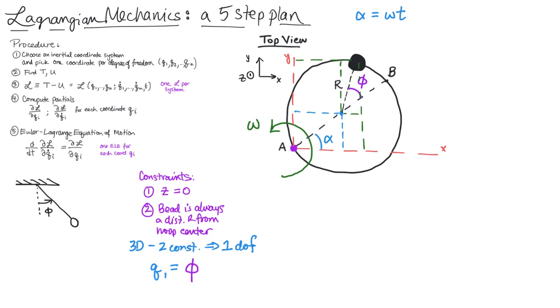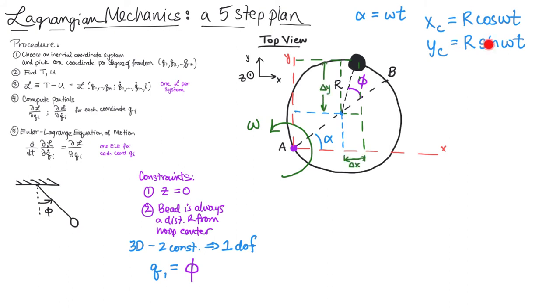Okay, so if we think about the position of the center of the hoop, so x center and y center, that's this position of the center of the hoop. Okay, that we can write as the radius of the hoop, which is r, times the cosine of omega t, and r times the sine of omega t.